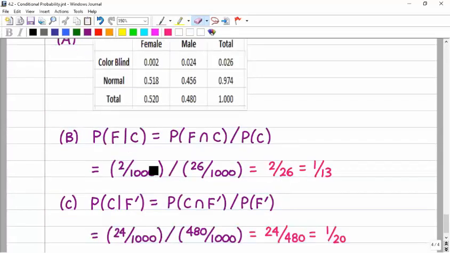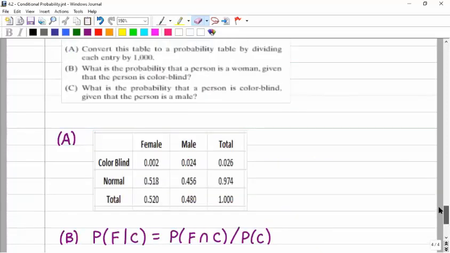So it's 2 over 1,000, or of course you could use these decimals, divided by 26 over 1,000. The 1,000s cancel. You get 2 out of 26, which is 1 over 13. So here's what I was talking about, without using a formula, how you can do this. But if you don't like this, that's okay. Some do, some don't.